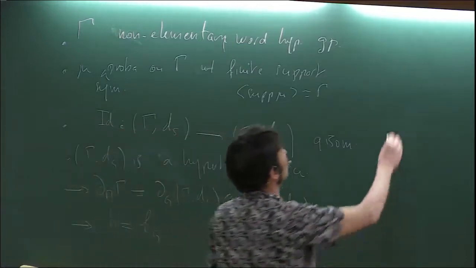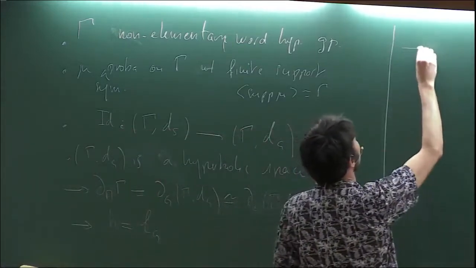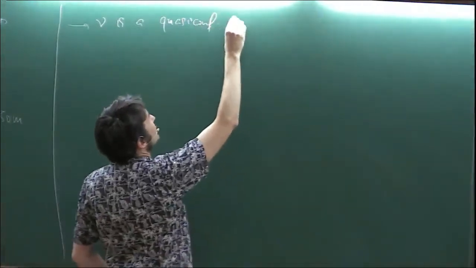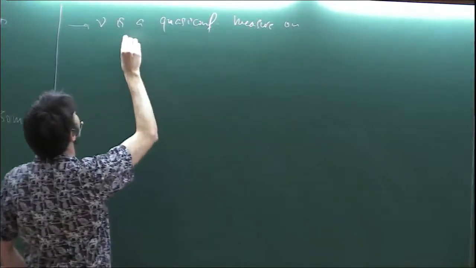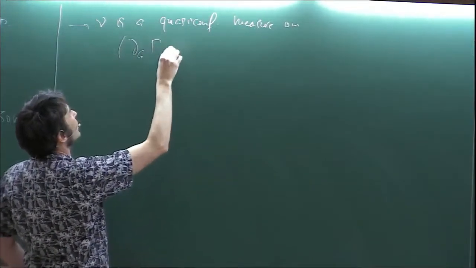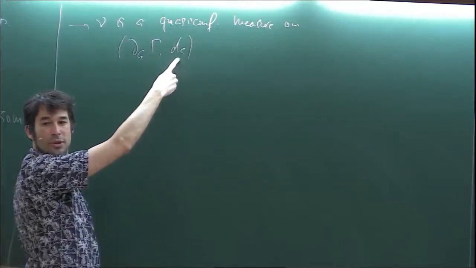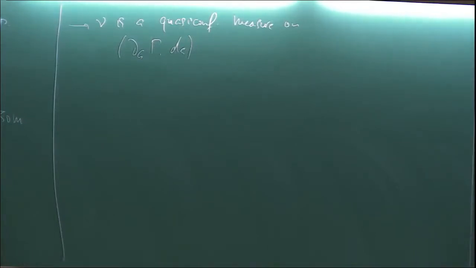And we also noticed that mu is a quasi-conformal measure on the Gromov boundary of the group coming from the Green metric. Okay, so this is essentially what we did.